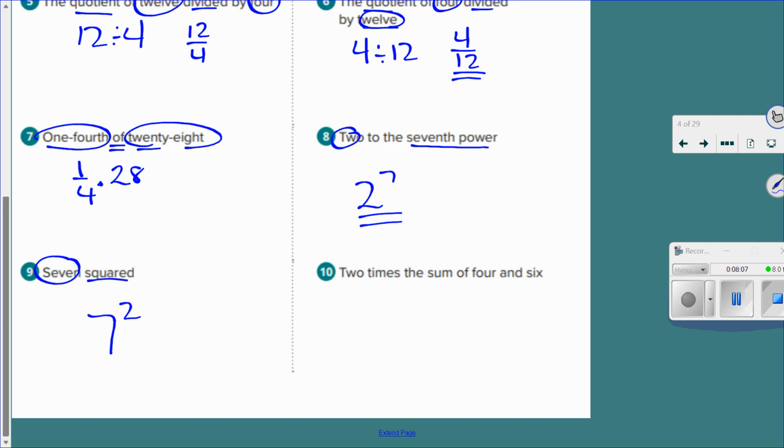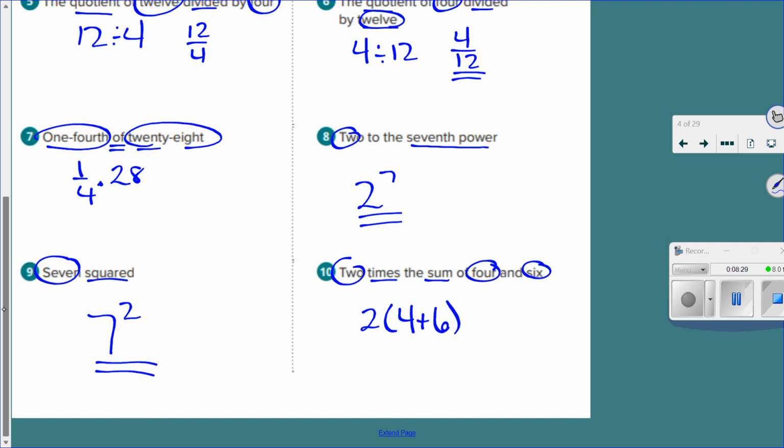Then our last one, 2 times the sum of 4 and 6. What am I doing on that one, Ben? Okay. So I need to put a times symbol.